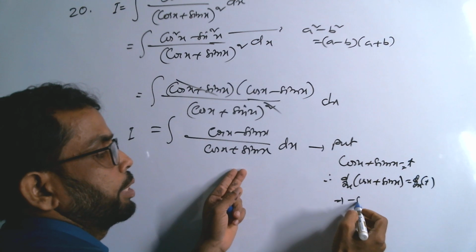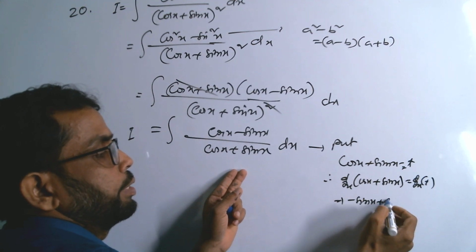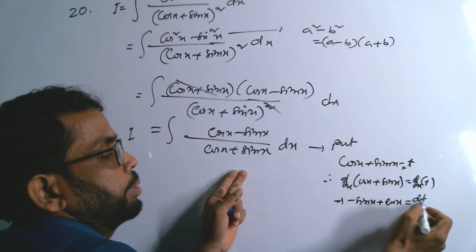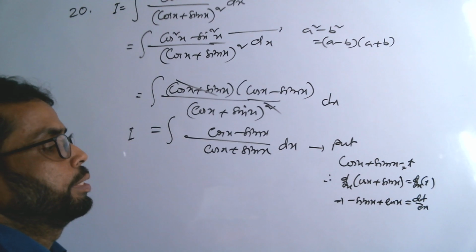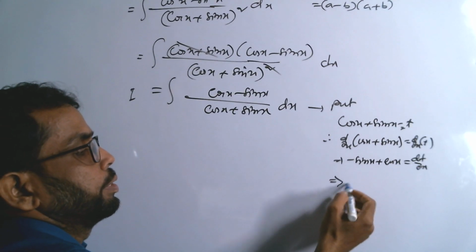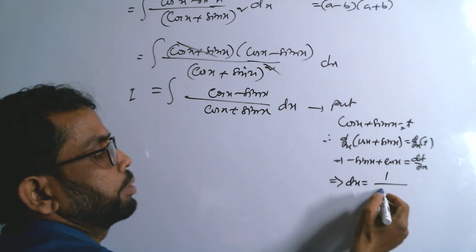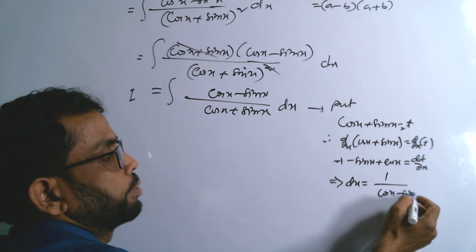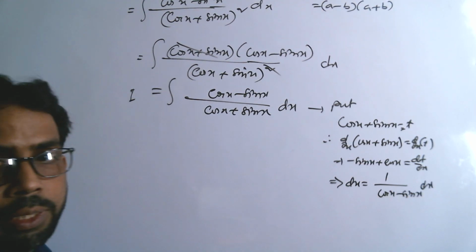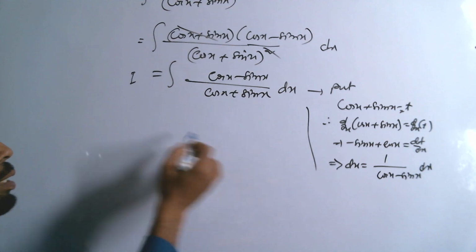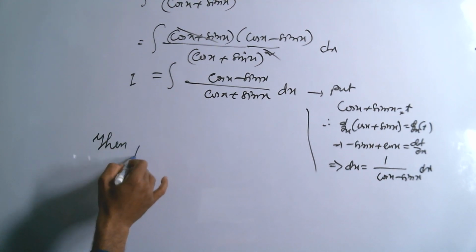Cos differentiation is minus sin, sin differentiation is cos, equals dt by dx. Then we are getting dx equals 1 by cos minus sin dt. Then the integration is converting.